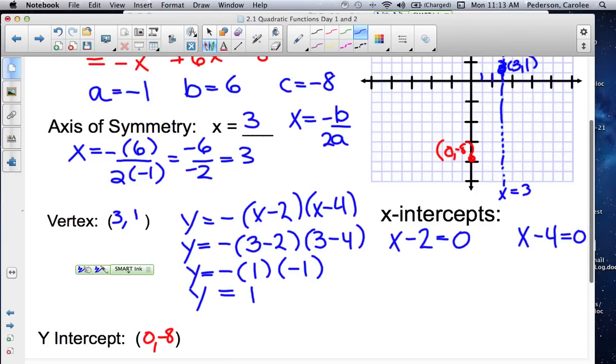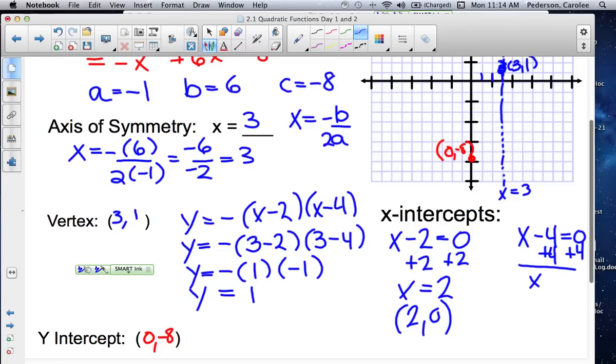When we solve those for x, we add 2, and we get x equals 2. So the x-intercept there is over 2, up 0. On this side, we would add 4 and 4, so x equals 4. So the ordered pair is 4, 0. This is called the zero product property. So we can graph those two intercepts, 2, 0 and 4, 0.